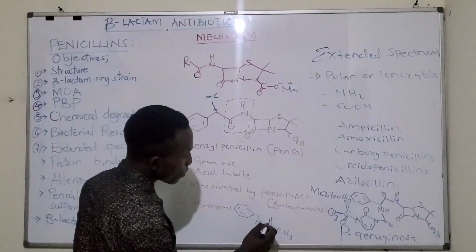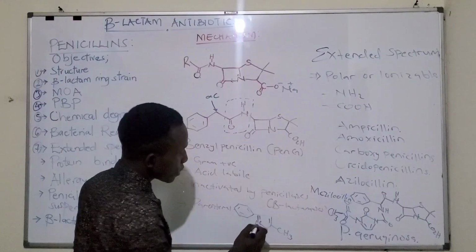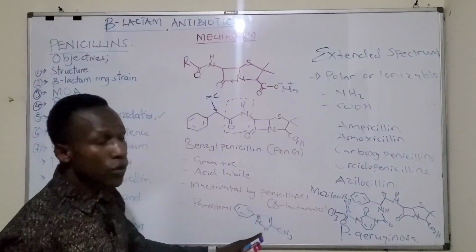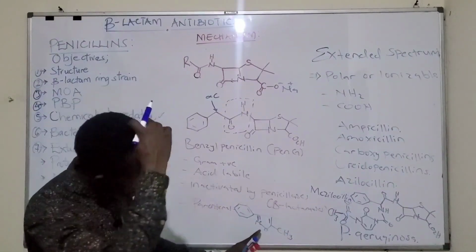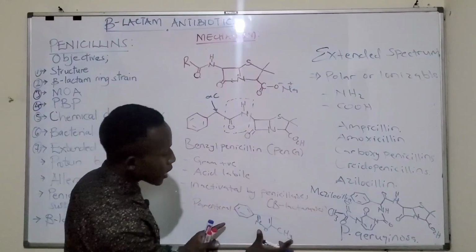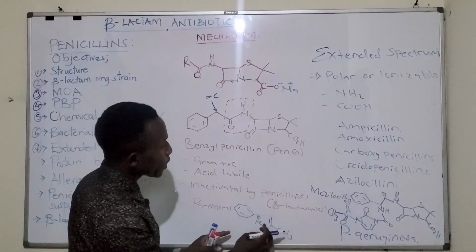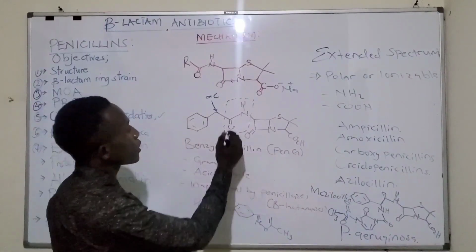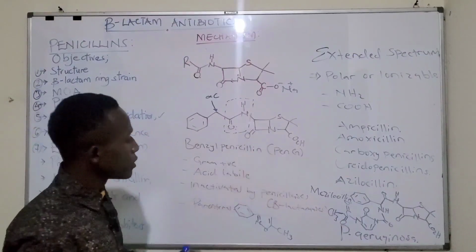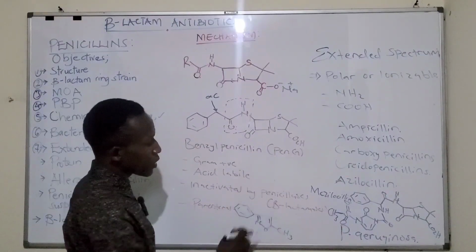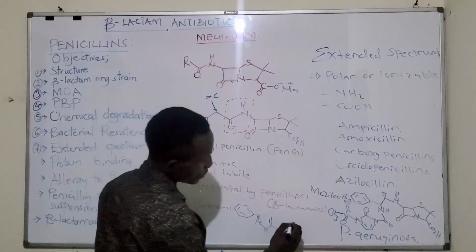So this group is highly electron withdrawing. So these ones are not broad spectrum, but they are acid stable because this one will make the electrons here unavailable for attack by the acid. So they are also stable in acidic pH.